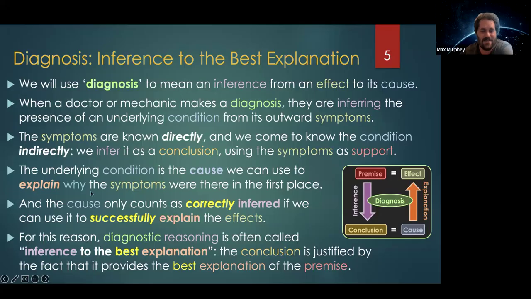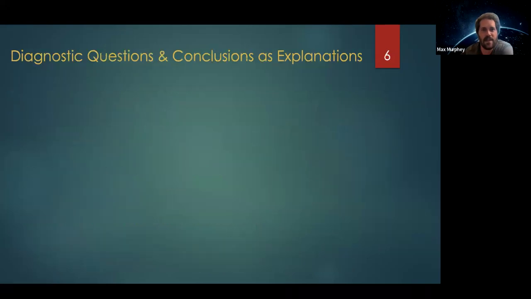Okay. So we've got a few different ways of talking about the same thing. We can call it diagnosis. We can call it inference to the best explanation. We can describe it as inferring from an effect to its cause. Okay. Or inferring an underlying condition from outward symptoms. Good.